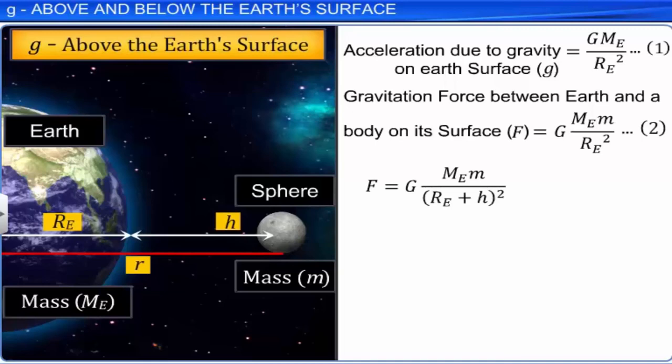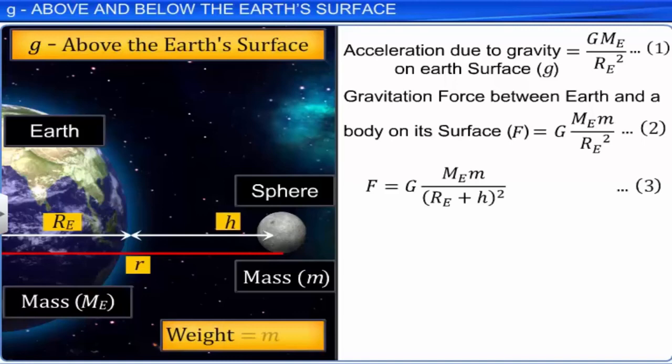This gravitational force on the body towards the Earth is its weight. Since the weight of the body is determined by the product of its mass and acceleration due to gravity at a given height, the weight of the body at a given height is expressed as in equation 4. Fh equal to Wh, which is equal to m into Gh.